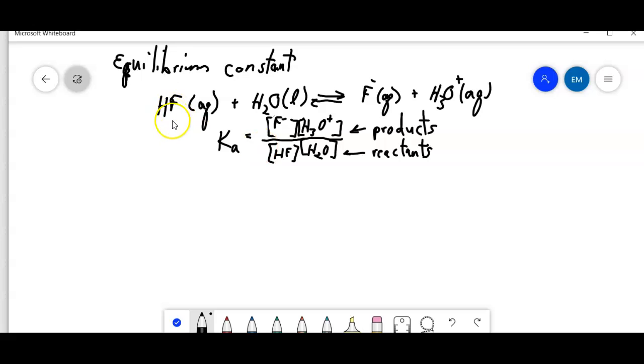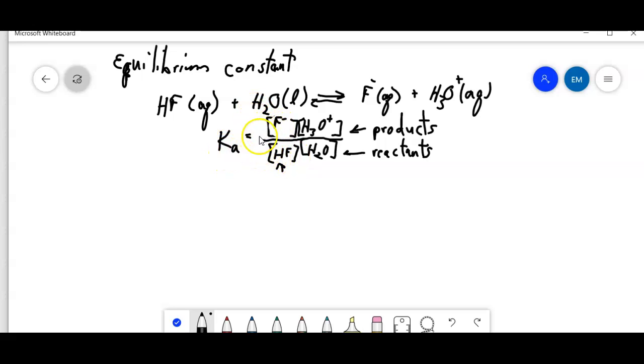What's going to happen? Okay, let's say you add reactants, add HF, and we're going to go through this again. You add HF, okay, this denominator is going to get bigger, which means this quantity, it's no longer K sub A, it's going to be the quotient of these things, but it's going to be a smaller number.